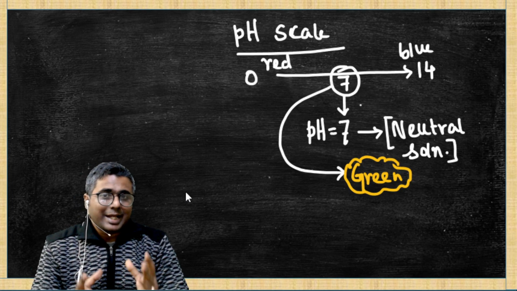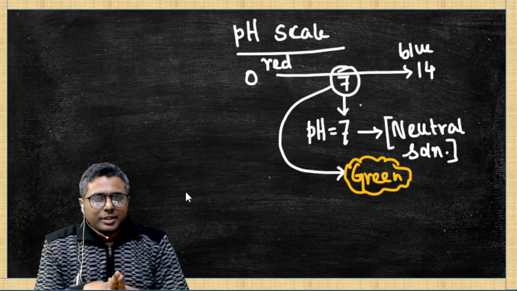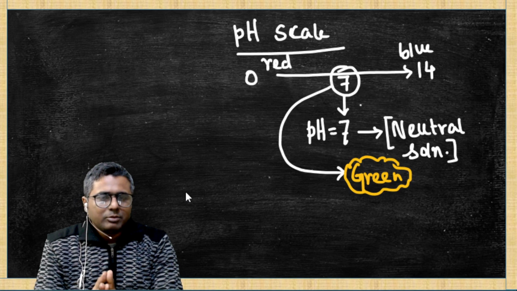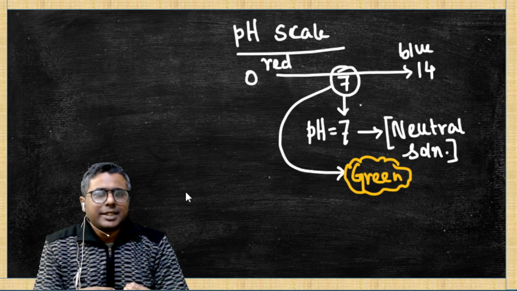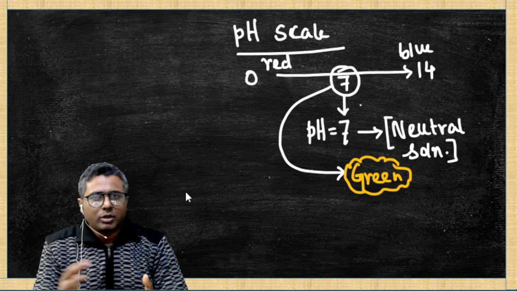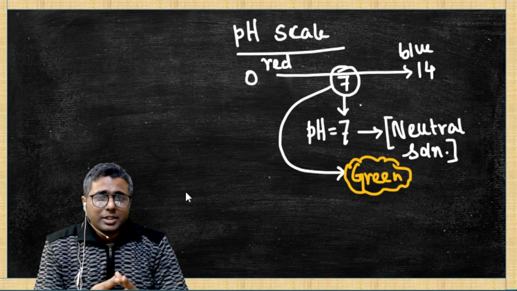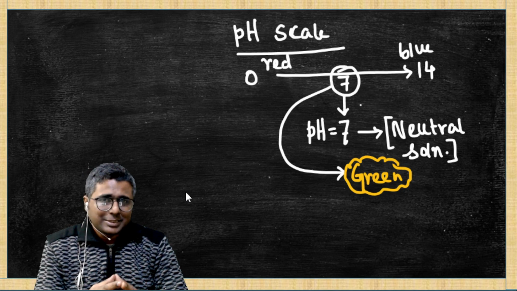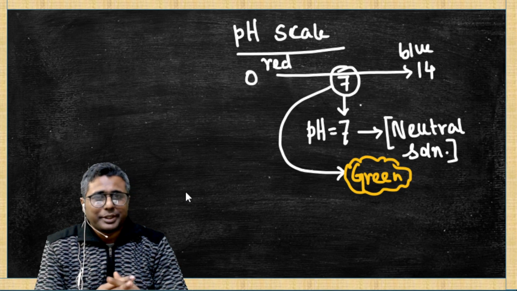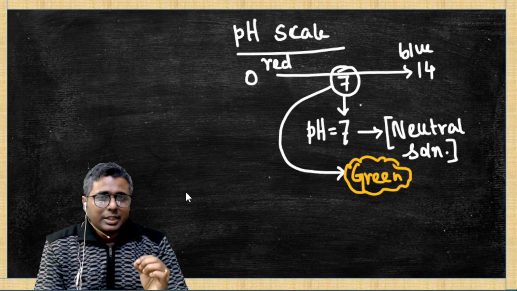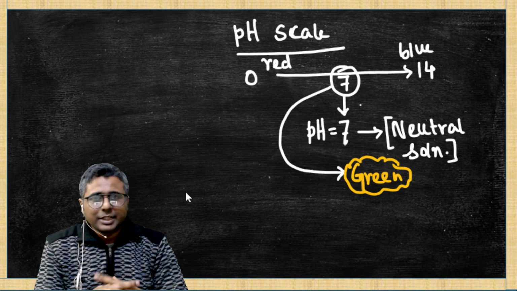In agriculture, pH is very important, because certain crops are not going to grow in basic soil, they are going to grow in acidic soil. Certain crops are going to grow in basic soil. So soil analysis by pH papers or pH measuring instruments is very important. pH plays a very important role in testing of agricultural land.